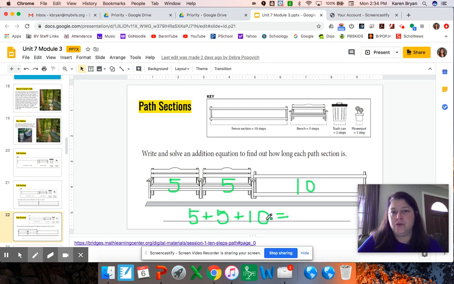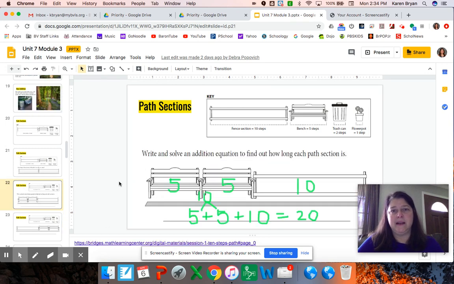Which 2 would we put together to help us here? Remember, the easiest one is to look for a 10 because adding two 10s is really easy. So now I have 5 plus 5 is 10, and 10 plus 10 equals 20. Good. Try again. Okay, next up, our next slide.